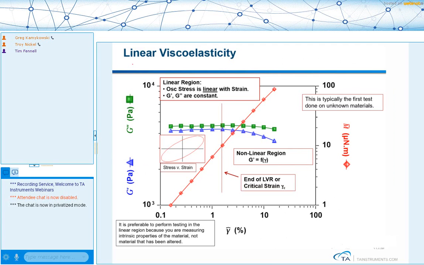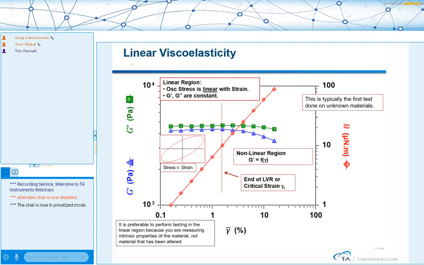What we are after is trying to find what we call the linear viscoelastic region for the material. This is where the storage and the loss modulus are constant as a function of the strain. So, in the region a little bit below around 1% and below, we see that the storage and loss modulus are flat, and we call this the linear region because the stress and strain are perfectly linearly related here.